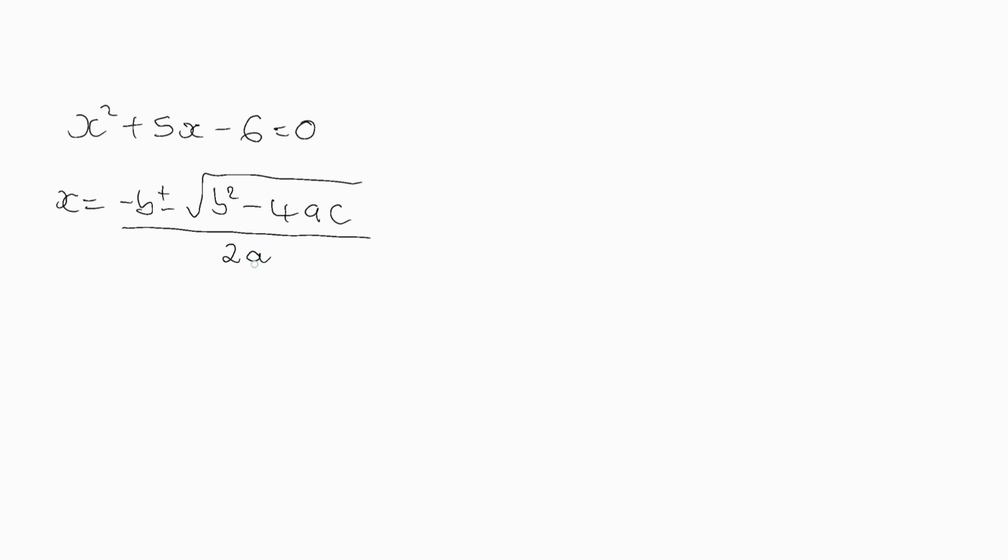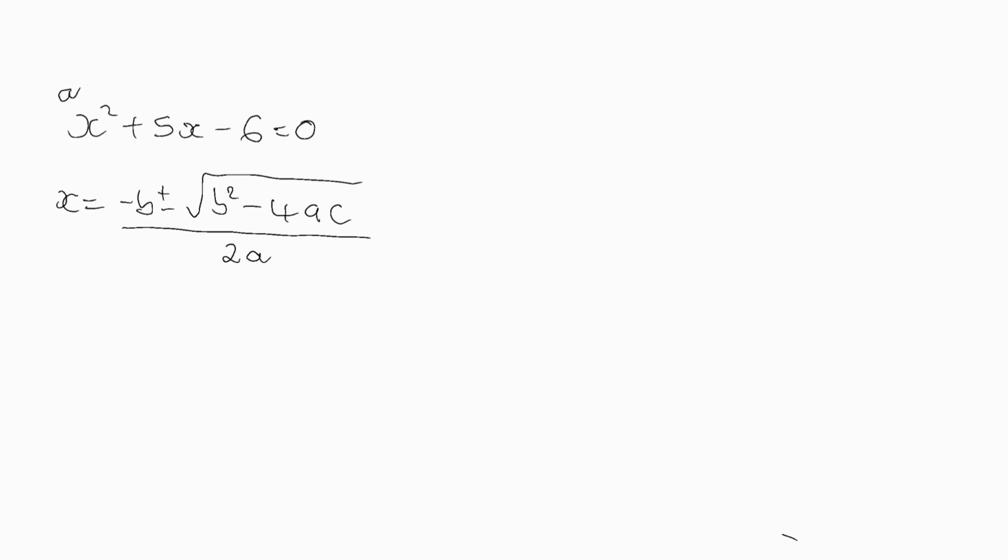So in this quadratic formula, we have a, b, and c, which are unknown values. And how do we get these values to substitute with? Let us start with a. The value of a is given by the coefficient of the x squared term. The coefficient of this x squared term is 1. So a in this case is 1. And then we have b.